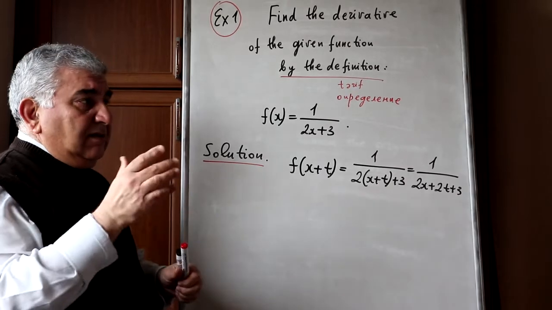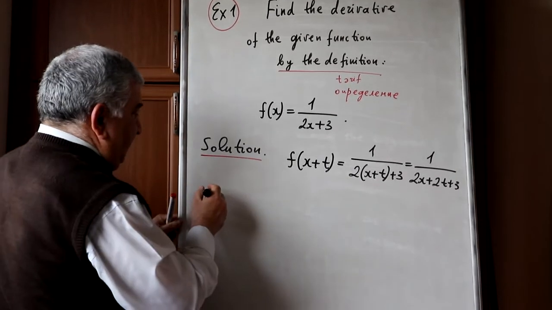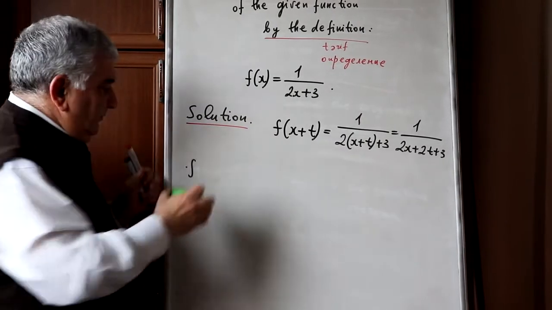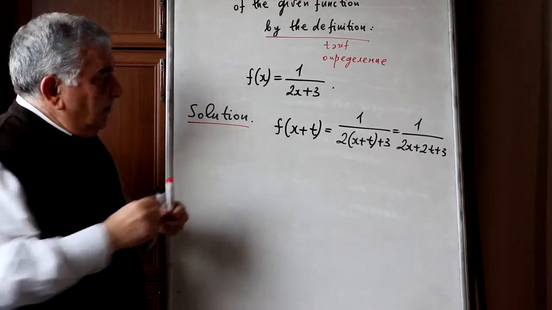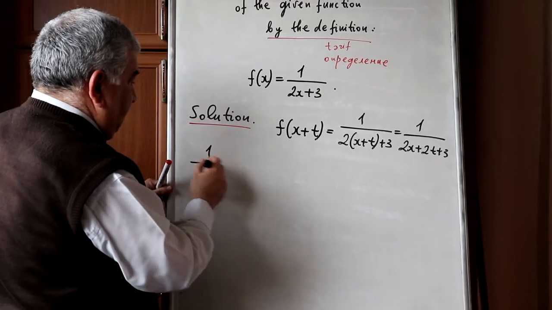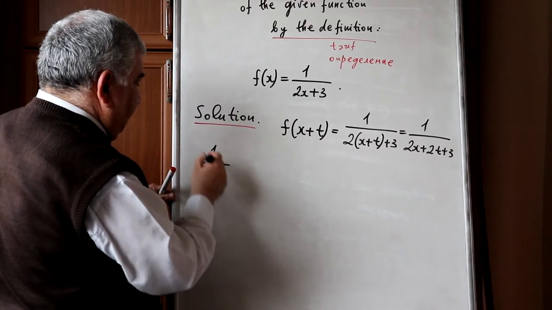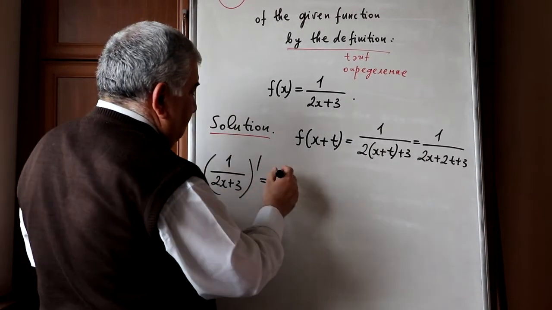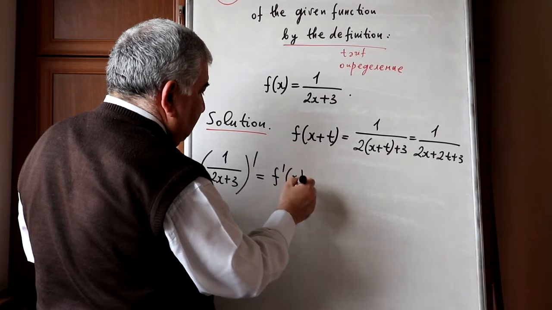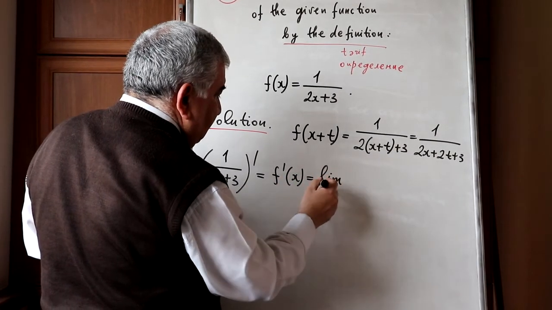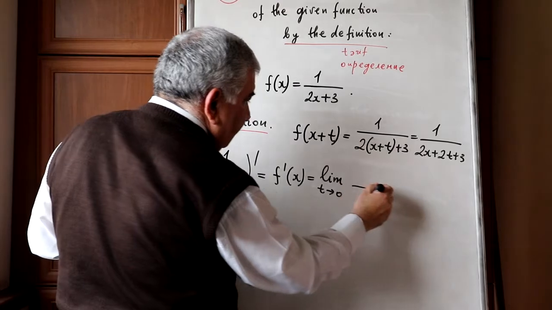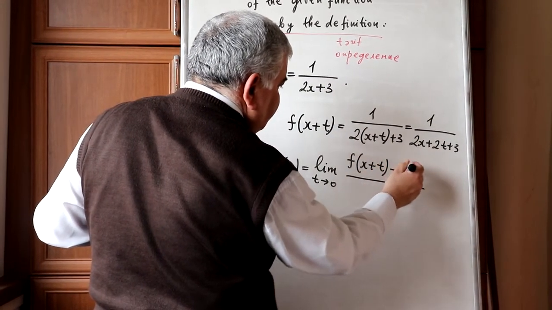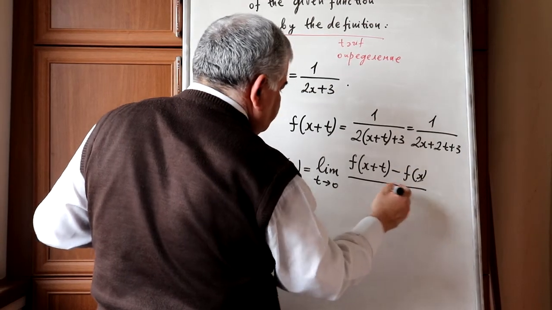Then use the definition of derivative. f prime of x equals the limit when t tends to 0 of f of x plus t minus f of x over t.